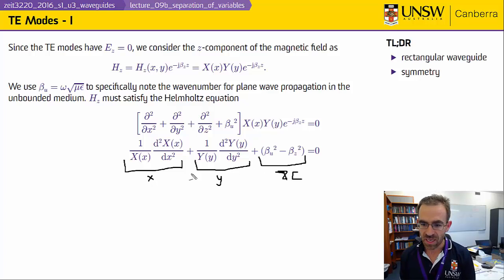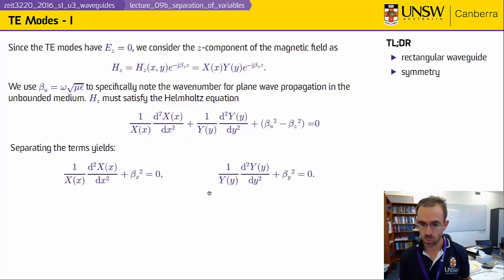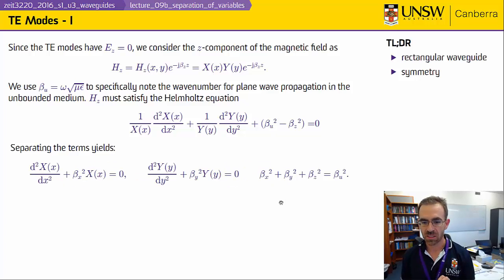So when I put these together, what I really have is a case where my x function has to add up to a constant, my y function has to add to a constant, and I must satisfy this equation of separation, which says that the sum of these three constants must be equal to beta sub u squared.